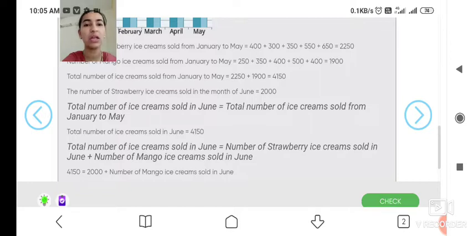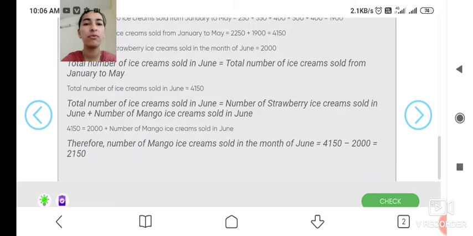Take the addition, but we only know the number of strawberry ice creams. We have to find the mango, but the total we know is 4150. Take the subtraction, 2000 from 4150.